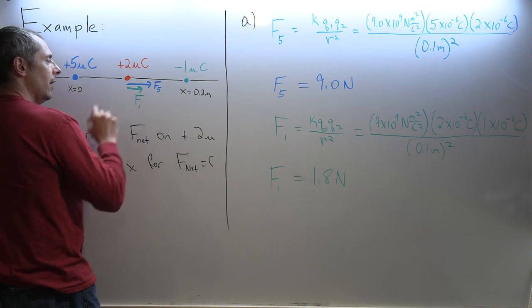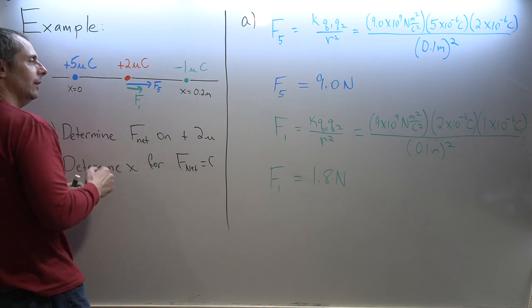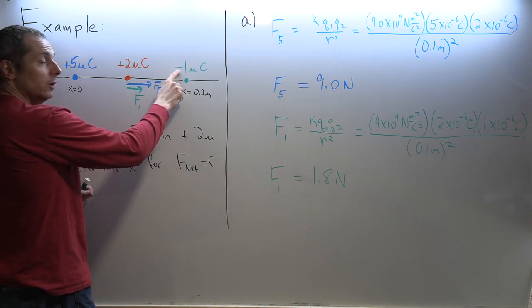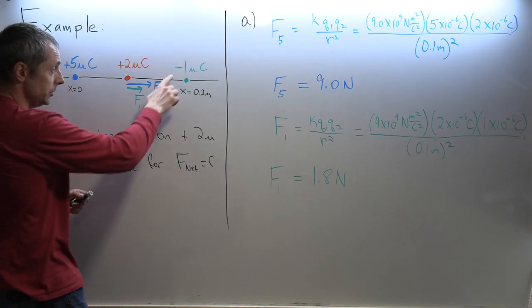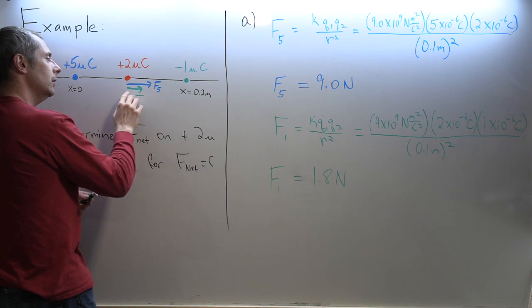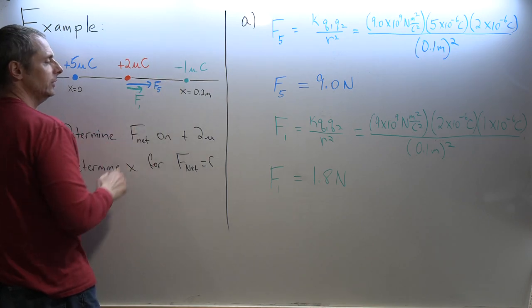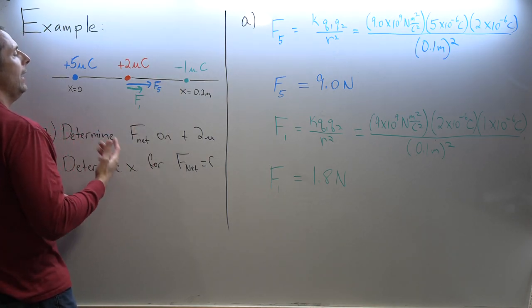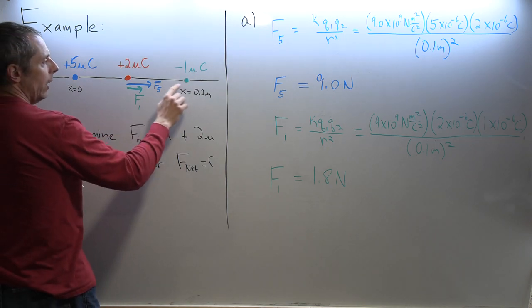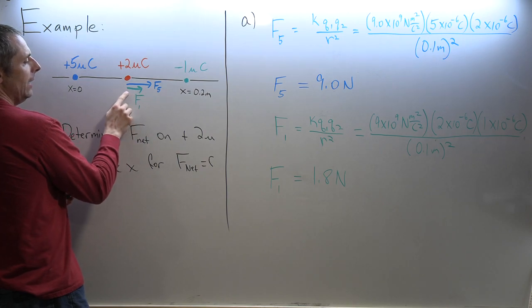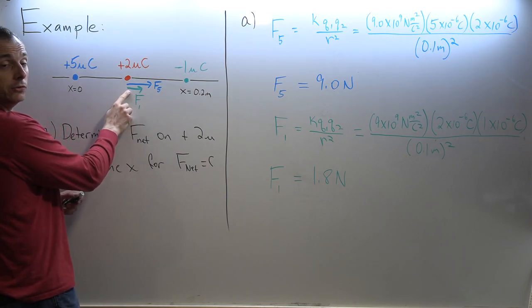Once I drew this arrow in the right direction instead of the left, I've already completely used the information of the negative charge here. So I've already included the negative with the direction of this arrow. And now, when I say F net, I say, okay, I got a rightward 9 newtons, and I've got a rightward 1.8 newtons.